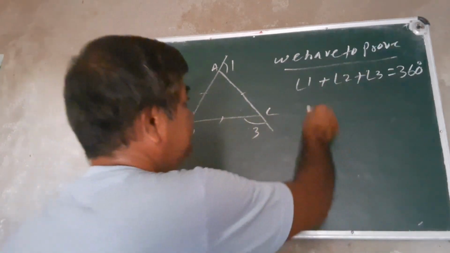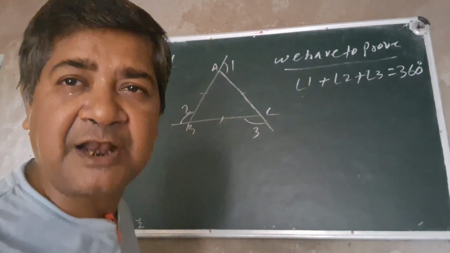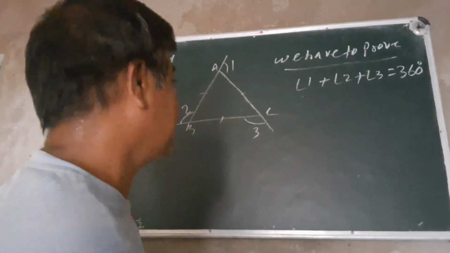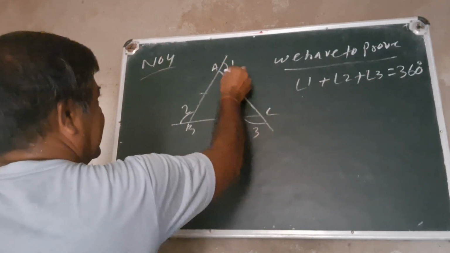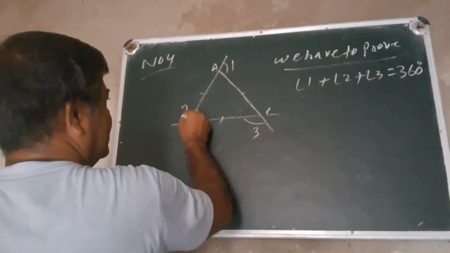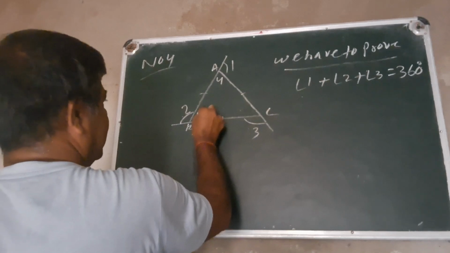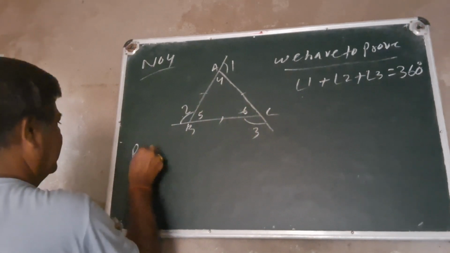We are going to prove that the sum of the three exterior angles of a triangle is 360. Listen to me. Let the other three angles be 4, 5, and 6. Now prove.